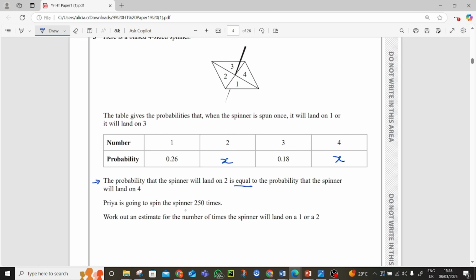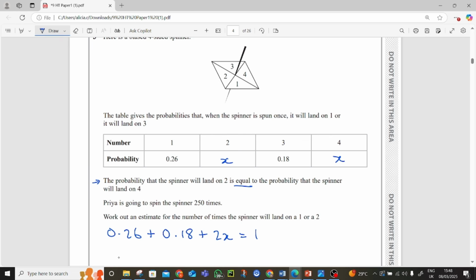Now, Priya is going to spin the spinner 250 times, work out an estimate that will land on 1 or on 2. I'm going to need to find this x first, so let's do that. So I know all these probabilities add to 1. So I have 0.26 plus 0.18 plus, now I have 2x is equal to 1.